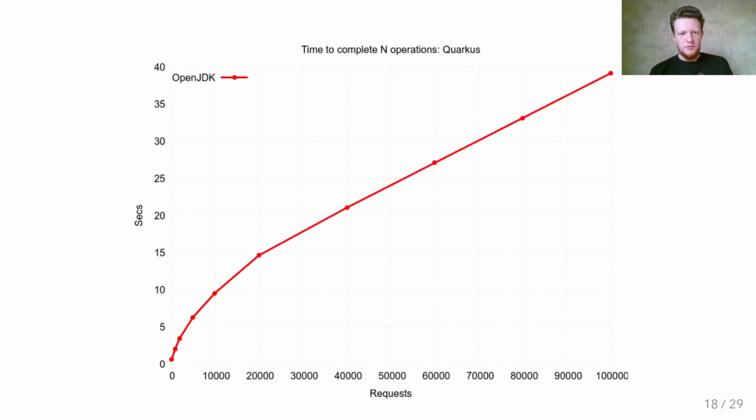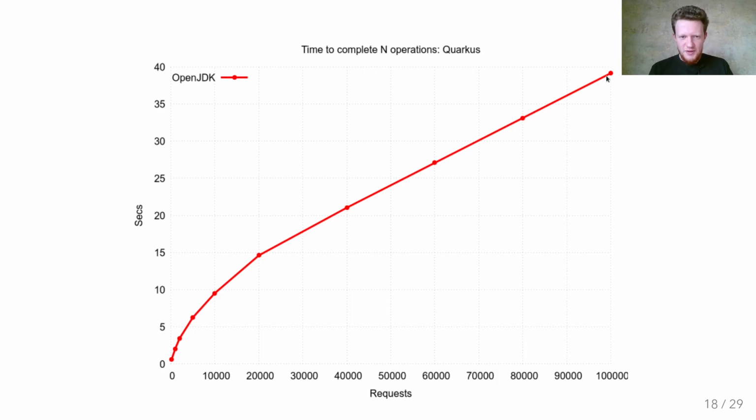Speaking about runtime performance, this is a warm-up curve for an example built with Quarkus. And here we see that at first each request was executed slowly, but over time execution gets faster and faster until at around 20k requests the curve became a line, and that means that each request executes in a constant time, and this continues up to 100k requests.